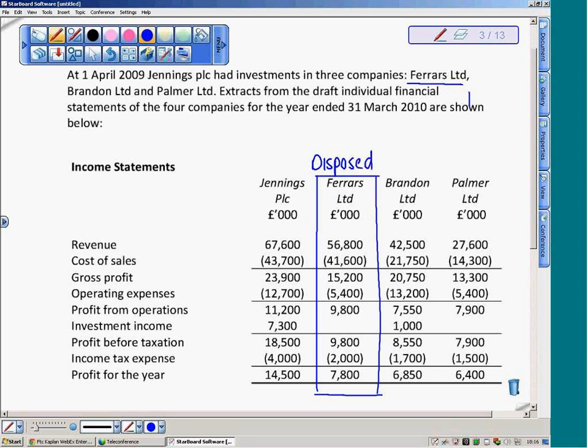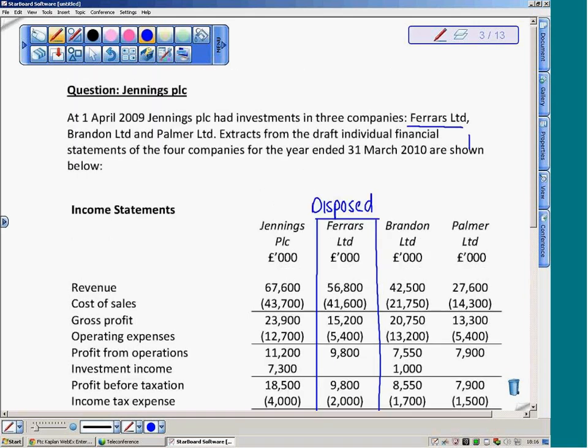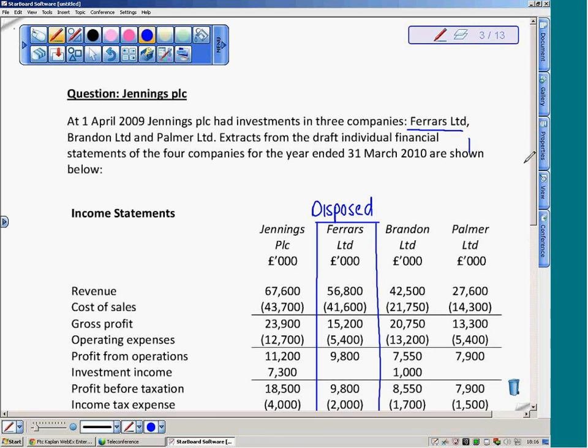I will also remember not to include that in my working 2. Okay, your working 2 is your consolidation schedule that should only include your continuing activity. So really just the subsidiaries that are going to be in your business for the year going forward. Okay, so we've got Ferrers Limited disposed of, then there's Brandon, and then there's Palmer.